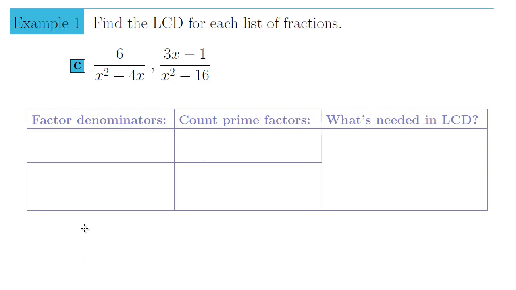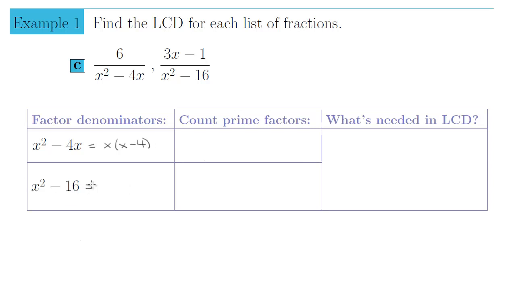We're going to factor our denominators first. So let's factor x squared minus 4x and x squared minus 16. To factor x squared minus 4x, we're going to take out the greatest common factor, which is x, from each term. That's going to leave us with x times the quantity x minus 4.